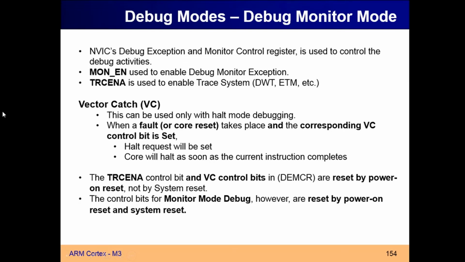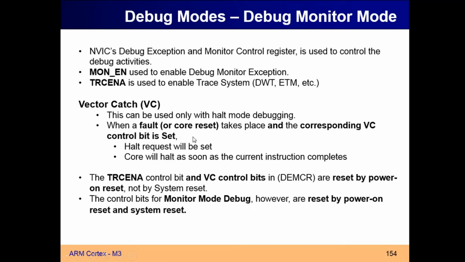Right. Then there is another feature known as vector catch, VC. What do you mean by vector catch? This will be applicable only in halt mode debugging. When a fault or a core reset takes place and the corresponding control bit is set, it will halt the processor as soon as the current instruction execution is completed.